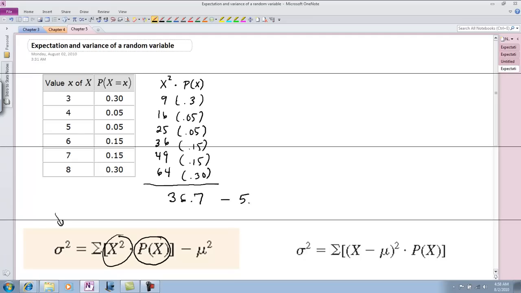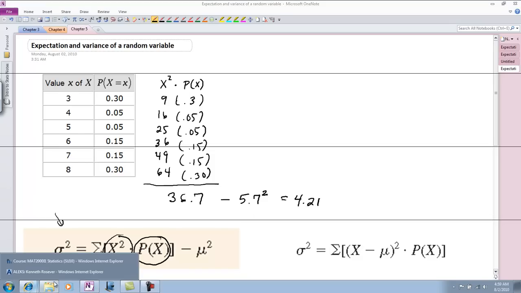So I'm going to subtract 5.7 squared from that. 5.7 squared is 32.49. So our answer is 4.21 is the variance.